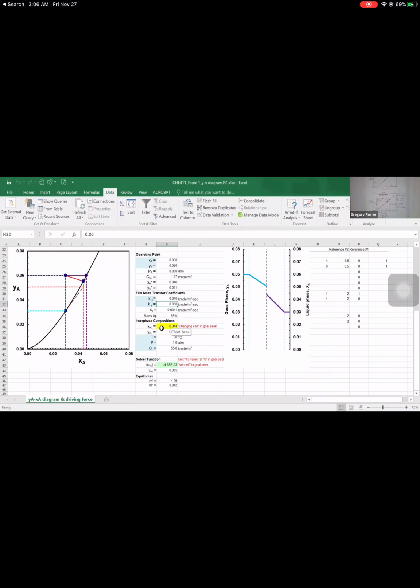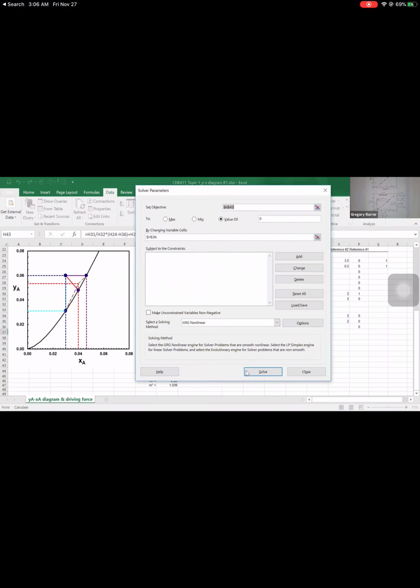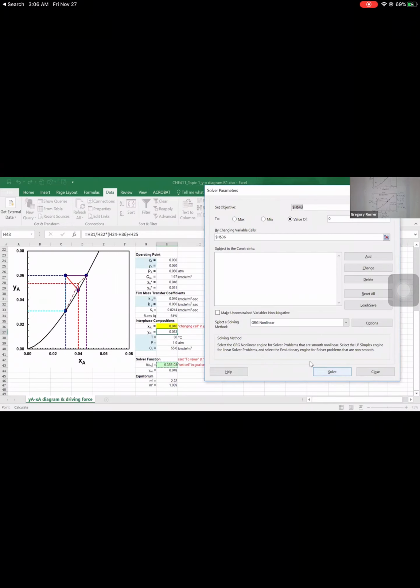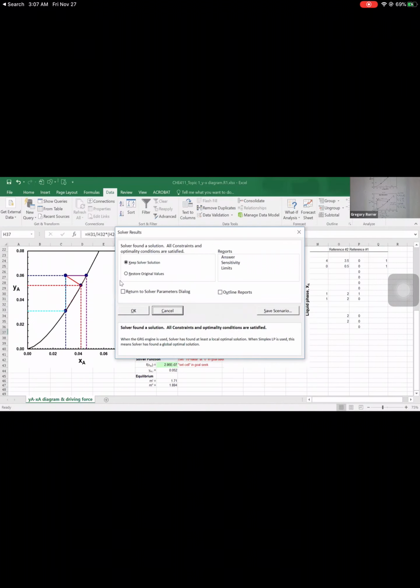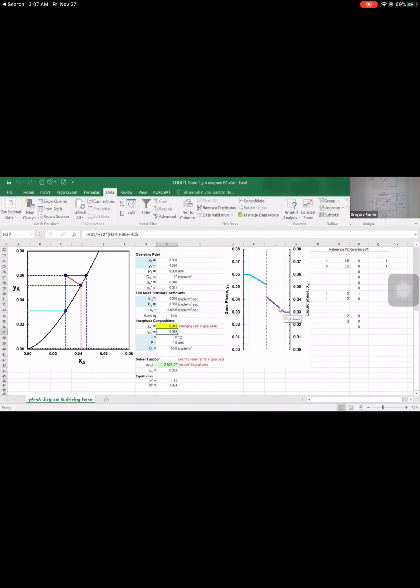So let's just try a little bit different. All right, let's try it again. There we go. So notice it all popped together. Okay, and then we get a different set of driving forces.